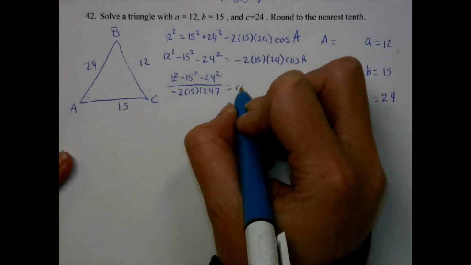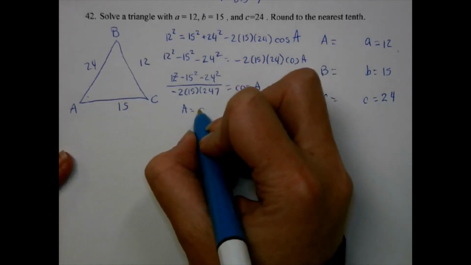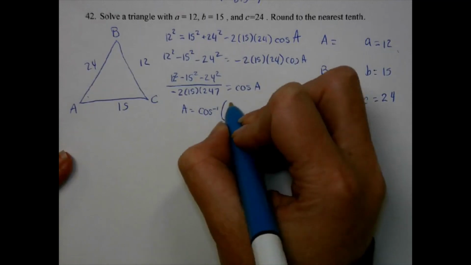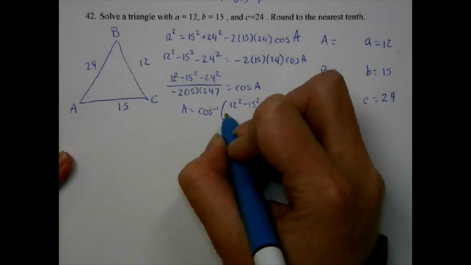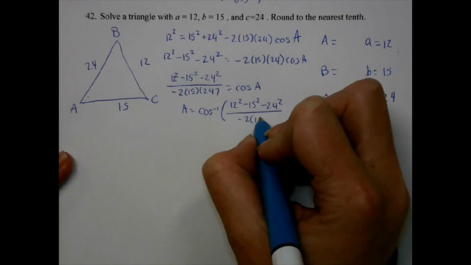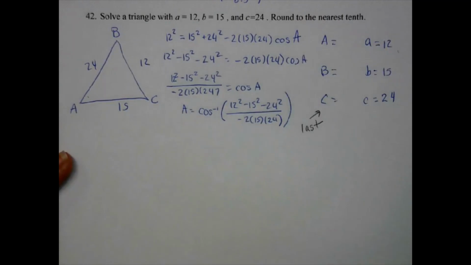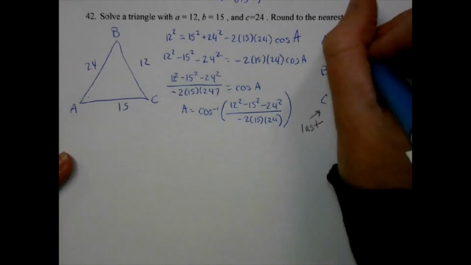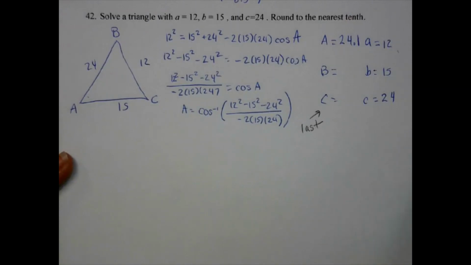And then we will take the cosine inverse. When you do this in the calculator, you get 24.1. Next step then would be to use the law of sines to find b.